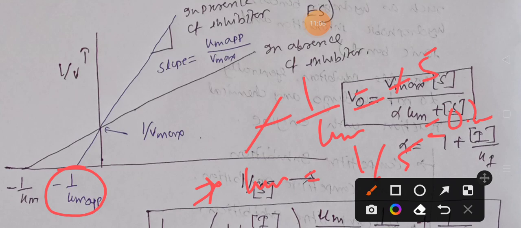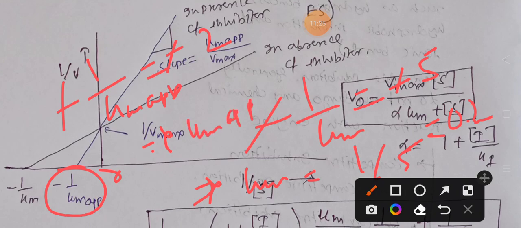Now this is the intercept on the x-axis for when inhibitor is present. Let's consider minus 1 by Km, as it is closer to 0, to be minus 2. Okay, so by solving the equation, we get Km for inhibitor present as 0.5. So you can clearly see that when inhibitor is present, the value of Km is 0.5, but when inhibitor is absent, the value of Km is 0.2.